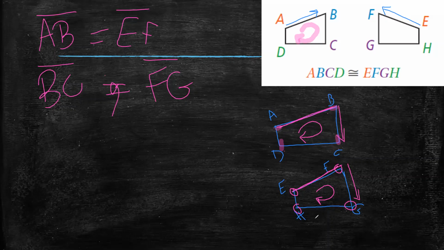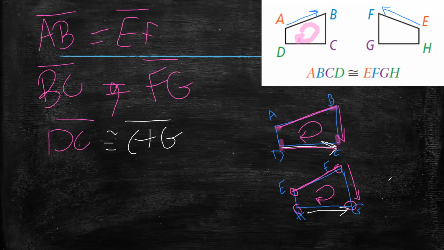If I'm asking you now about DC, where's DC? D, then C. So it corresponds now with H, G. Be careful. I say D, then C, so it will be H, then G.